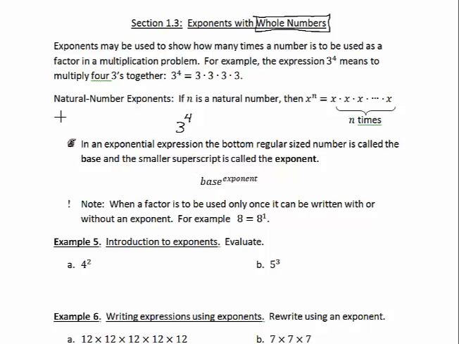If you see something with a superscript, then it's up above and to the right. If you see something with a subscript, then it's down to the right. An exponent is a superscript. So we write it this way, 3 to the 4th. And that just simply means that we have 1, 2, 3, 4 threes, and they are all multiplied together.